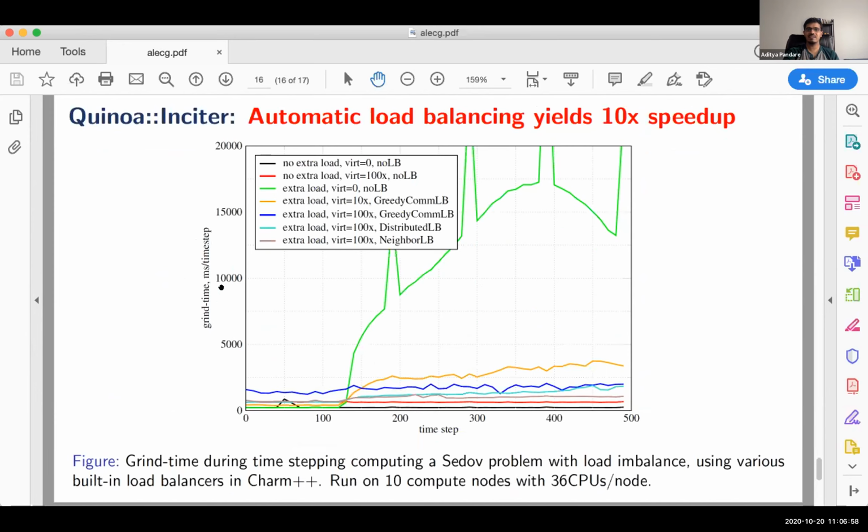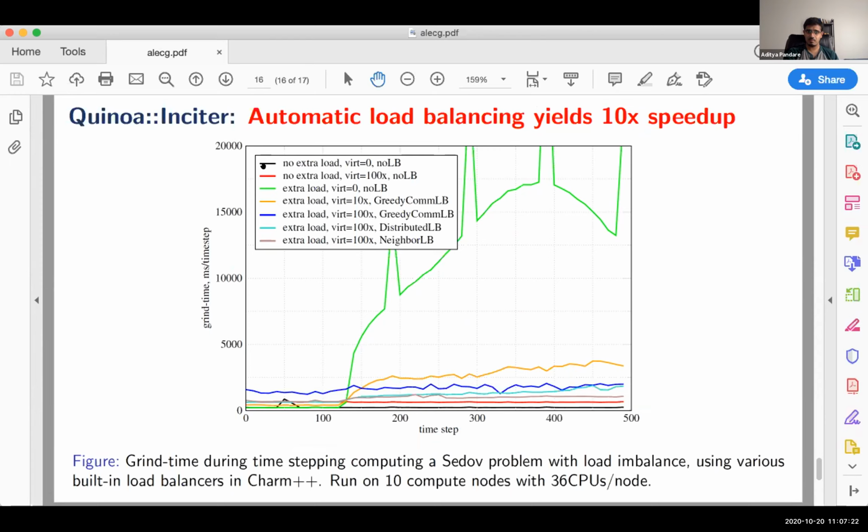So the grind time, which we should try to keep as constant as possible, goes on increasing. When load balancing is triggered, and there are a couple of load balancing strategies we've tried here, we can see that this is pushed down and the load imbalance is eased, and we get better distribution of resources.